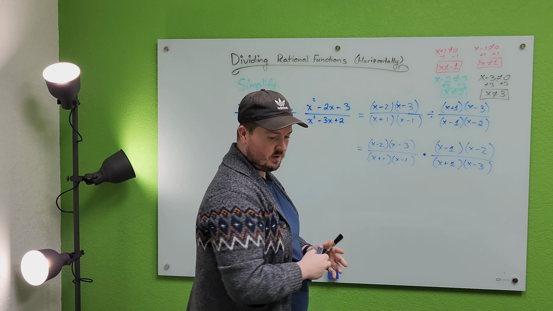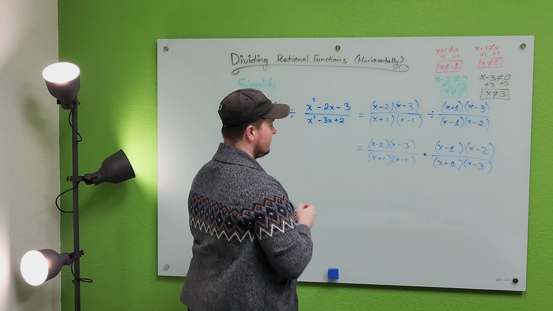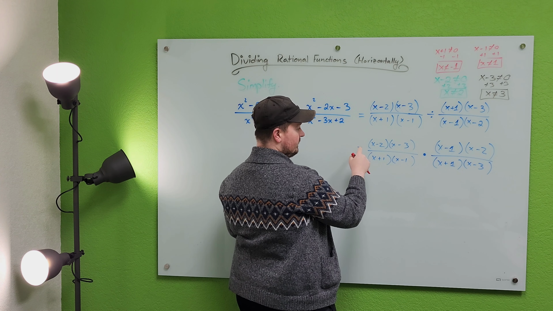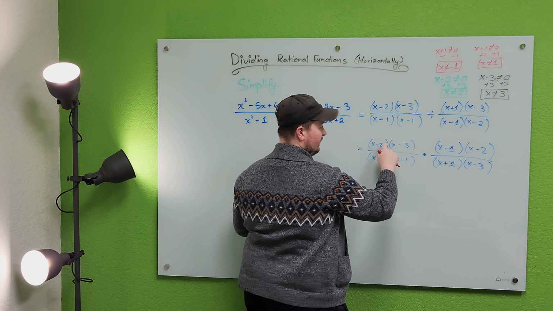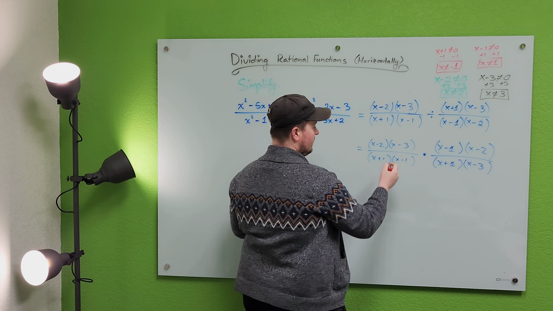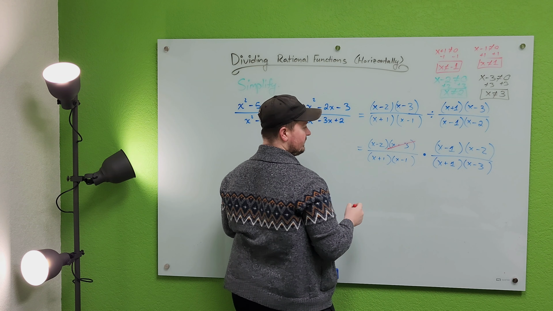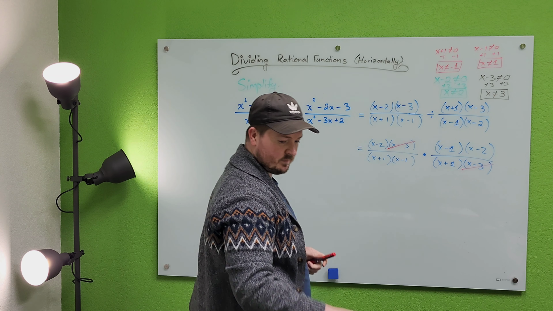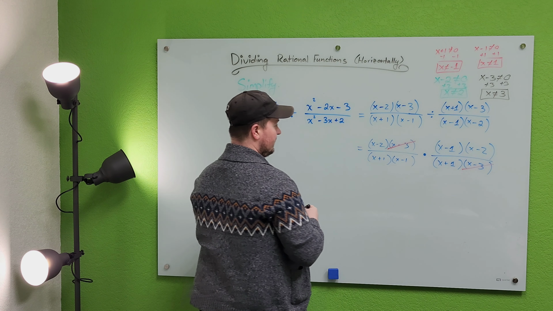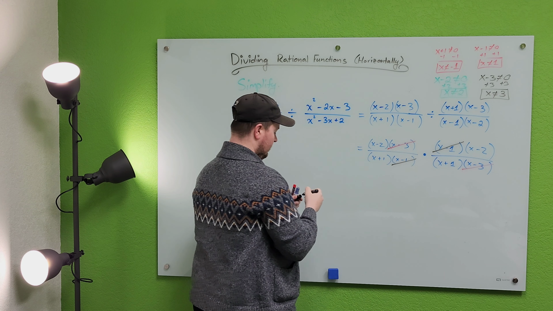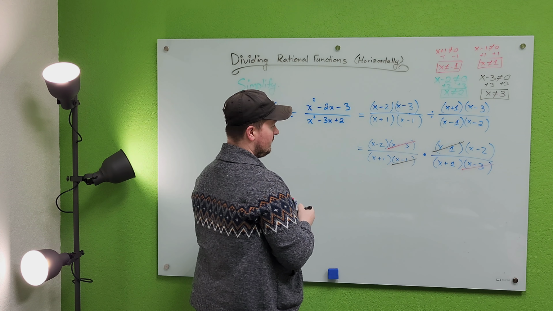Now, here's where we get to have some fun. We get to make this thing much smaller. Any factor that we have in common in the numerator and the denominator can cancel each other. There's an x minus 3 here, and x minus 3 there, so those cancel each other. We have an x minus 1 and an x minus 1, those cancel each other.